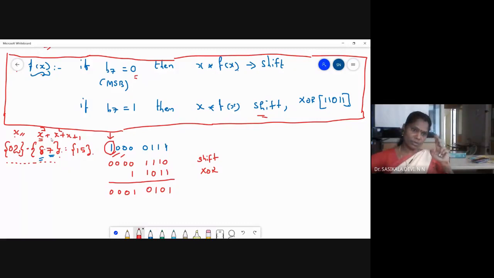So one polynomial multiplication followed by one polynomial division is required, but here it is simplified as one shift and one XOR. Okay, clear? Is it clear, students?